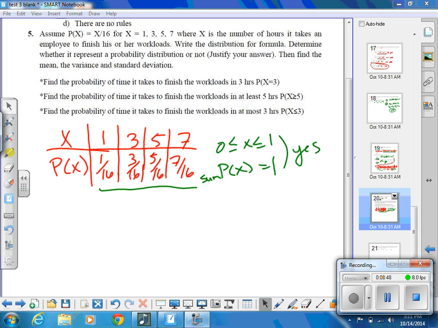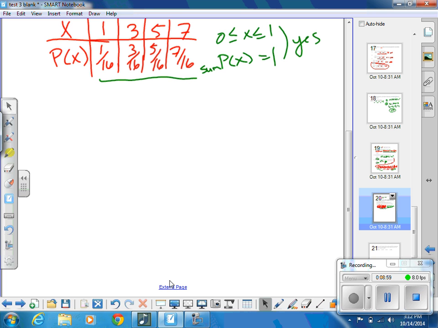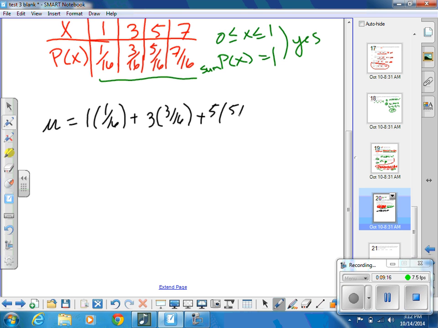Okay, so let's go ahead and figure out our mu, our variance, and standard deviation. To write this out, I'm going to need a lot of space, so I'm going to come down here and keep going. So my mu is going to be, like we saw earlier, 1 times 1 over 16 plus 3 times 3 over 16, plus 5 times 5 over 16, plus 7 times 7 over 16.